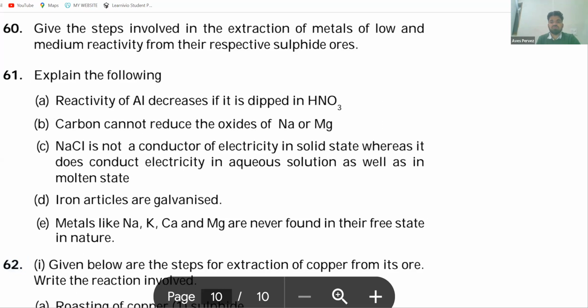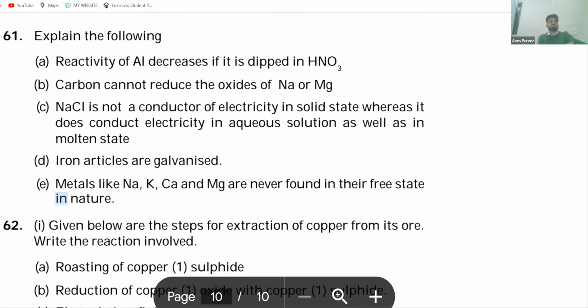Because NaCl is an ionic solid, there is a strong electrostatic force of attraction between the positively and negatively charged ions. This force will not allow the sodium and chloride ions to move freely, so they are not able to conduct electricity. You can simply say like this. You understand?